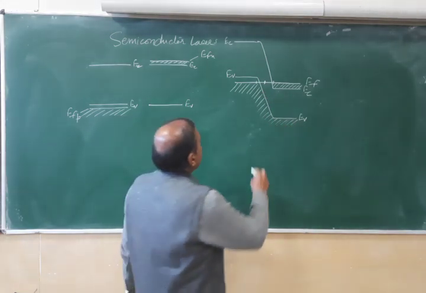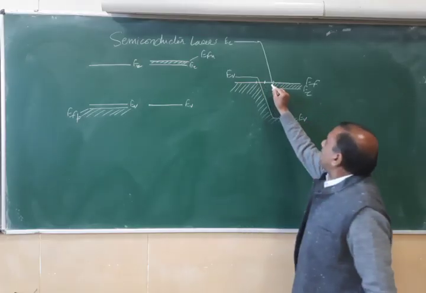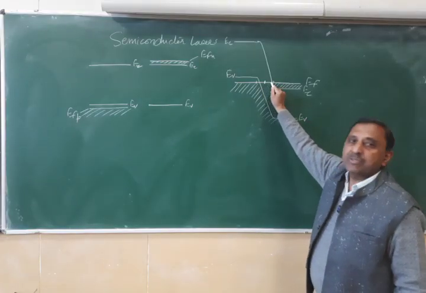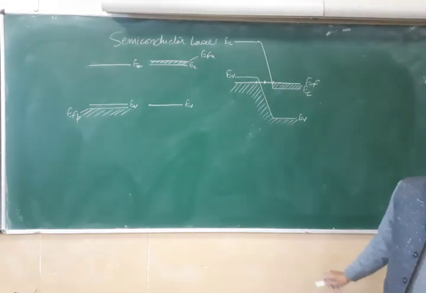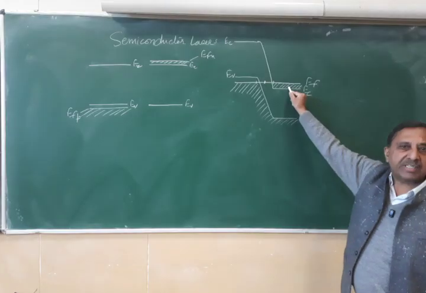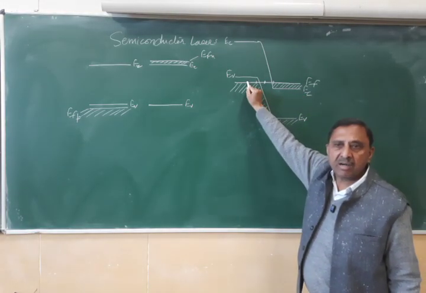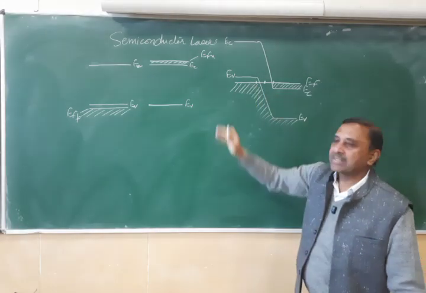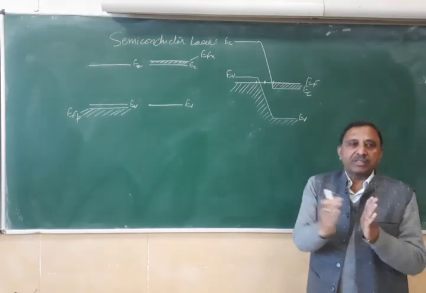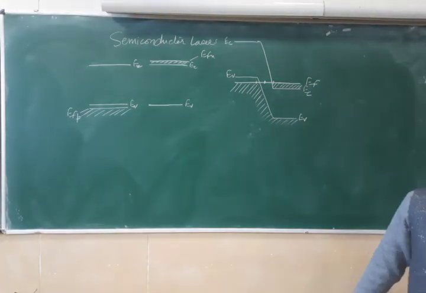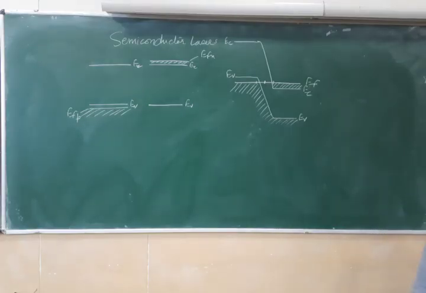Now, somewhat away from the junction you have enough concentration of electrons in the conduction band, and enough concentration of holes in the valence band on the P side, away from the junction. So, this is the PN junction we will take to make a laser action.